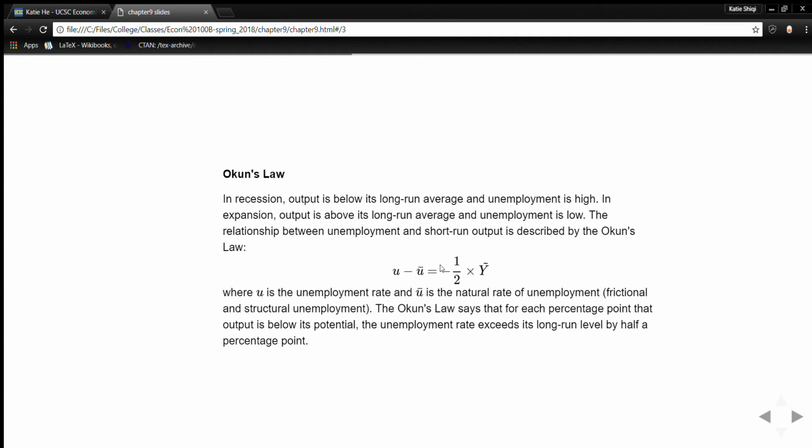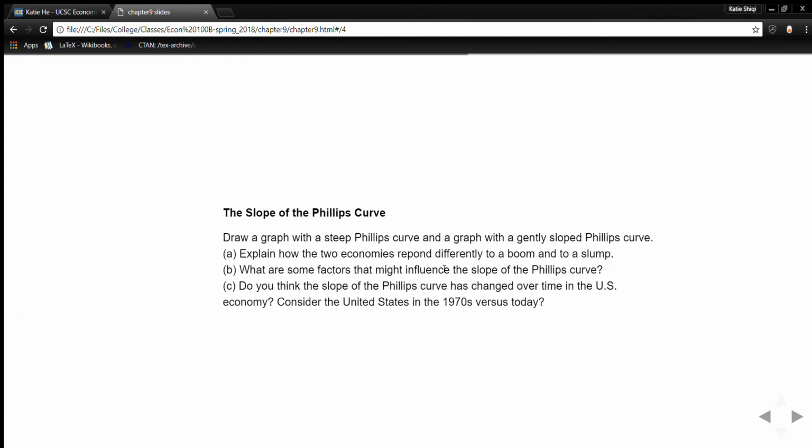Okay. And now we'll have an exercise on the slope of the Phillips curve. So draw a graph with a steep Phillips curve and also a flat Phillips curve. Explain how the two economies, the one with the steep Phillips curve and the one with the flat Phillips curve, will respond differently to a boom and to a slump.